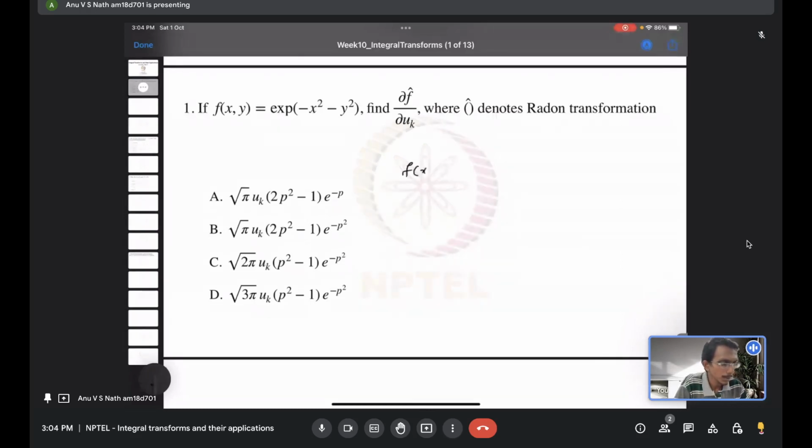If you have a function f of x comma y, it's a function of two variables. Its Radon transform will be f of x comma y multiplied with the delta function p minus x cos phi minus y sin phi.